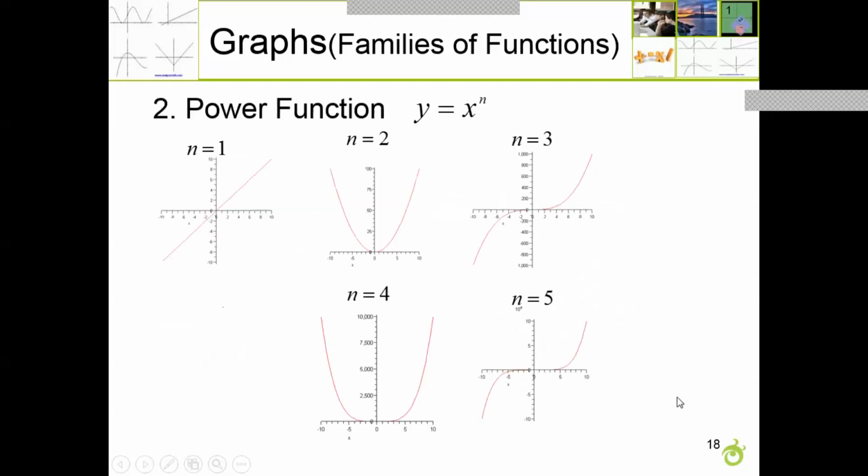Okay, power function. Power function is the function in the form of y equal to x power of n. Okay, and if our n is equal to 1, so kita dapat y equal to x. So this is the graph for y equal to x. This is the graph for y equal to x square, y equal to x cube, y equal to x power of 4, and y equal to x power of 5.